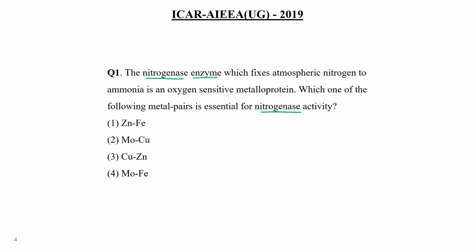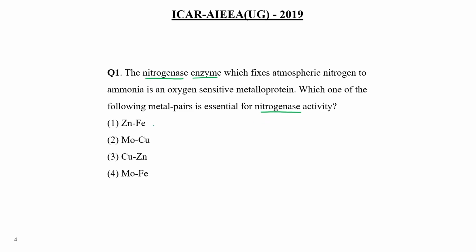Okay, so this particular enzyme, nitrogenase enzyme, which is involved in the fixation of atmospheric nitrogen into ammonia, is oxygen sensitive. So this enzyme works only in anaerobic conditions, right? They are asking which metal ion is essential for this nitrogenase activity.